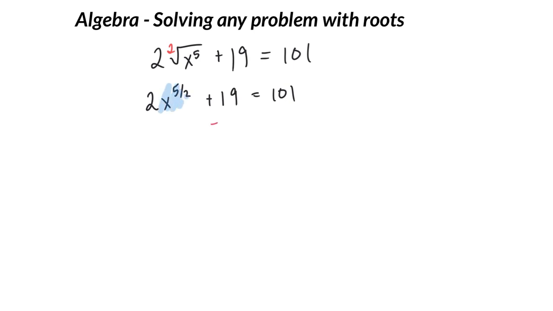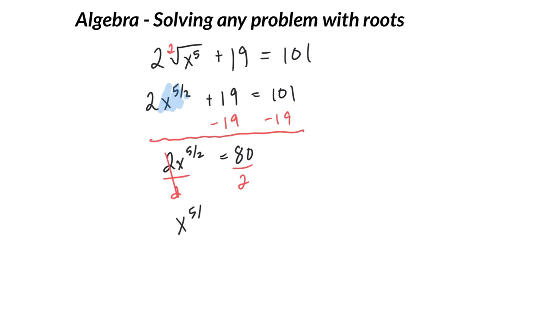So subtract 19. Divide by 2. We have x to the 5/2 equals 40.